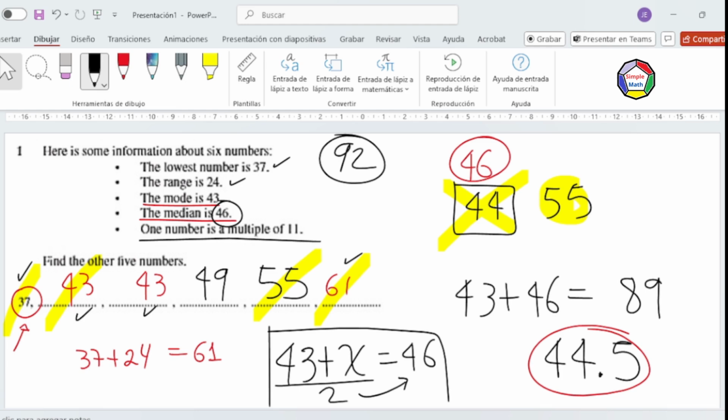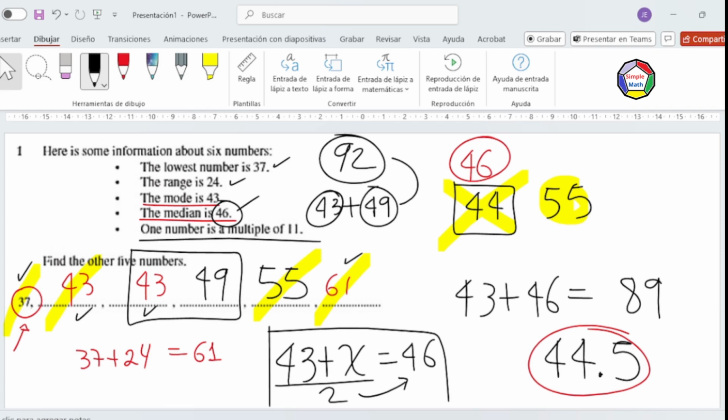Remember in the median, when we have two numbers in the half, we need to add those two numbers, 43 plus the other number, which is in this case 49, and then I divide the result by 2 to get the median. In this case, the median is 46. So 43 plus 49 equals 92, and 92 divided by 2 is 46. So 49 is the other missing number that we had.